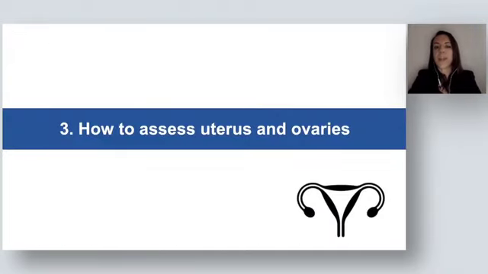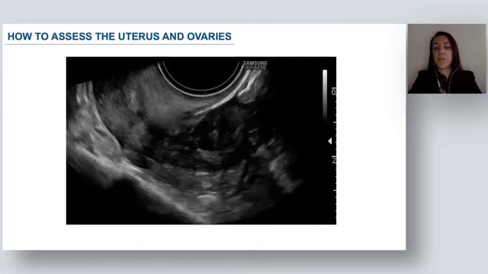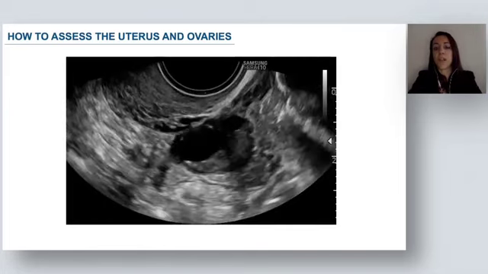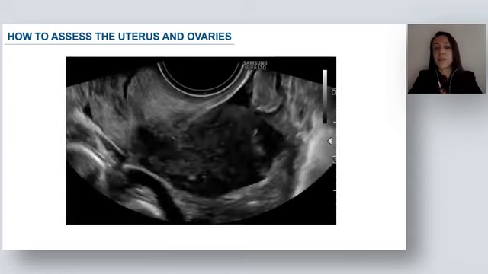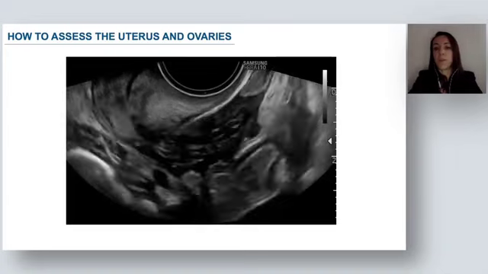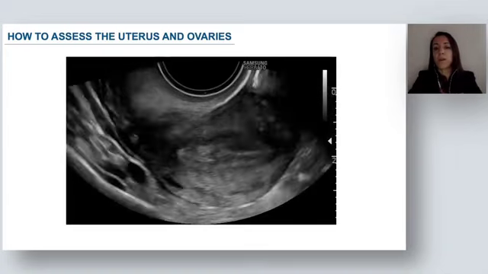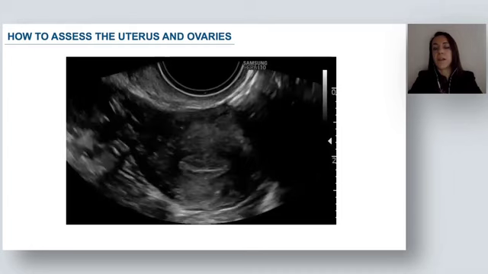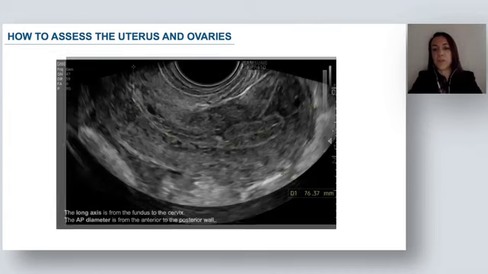Now we can assess the uterus and ovaries. So this video shows a uterus and how to assess the uterus. We can move the probe from side to side to assess all the organs. Then we can rotate the probe 90 degrees to assess the transversal section of the uterus.